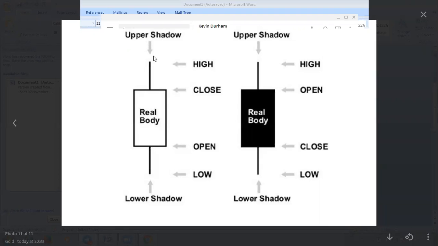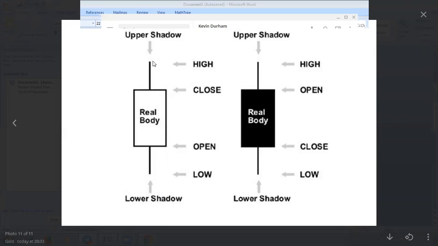From this candle, you can see that the price opened here. When it opened, it probably went down, and this is the low, and this is the lower shadow. Some people call it wick. When the price got here, the buyers took the price up, it passed the open, and now the price went up and got this upper shadow.